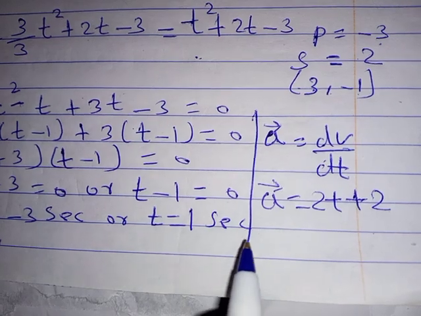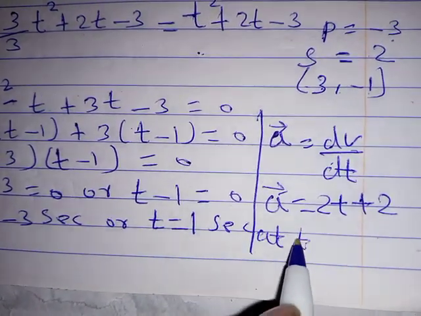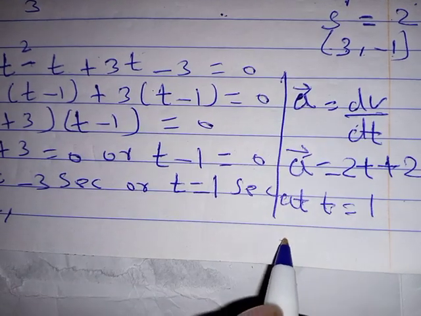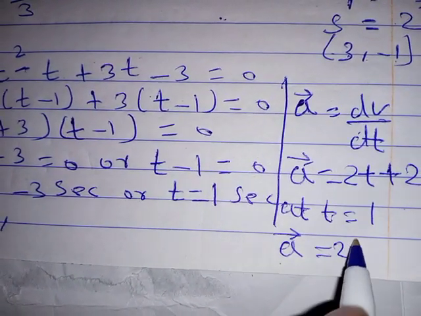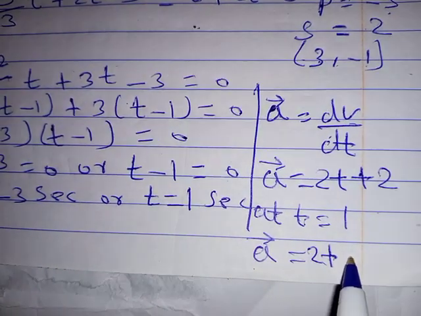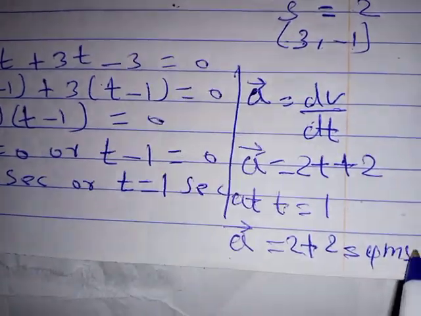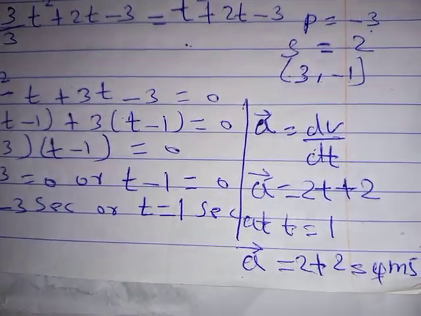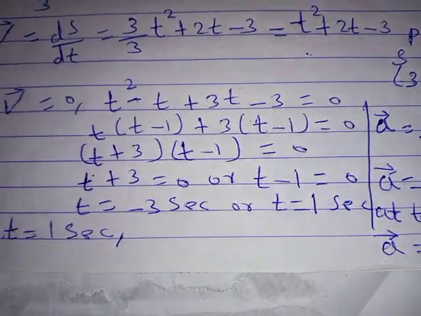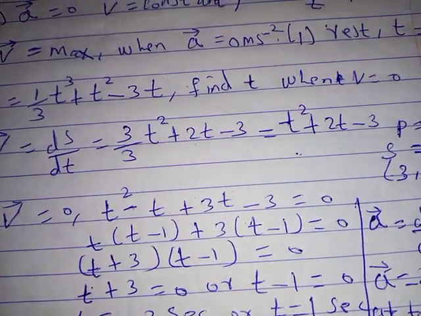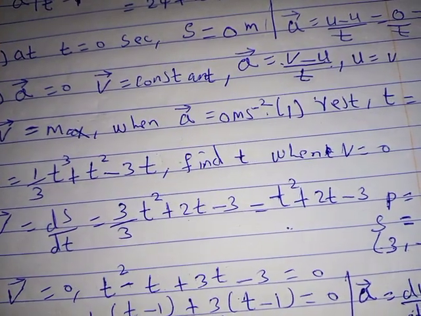So that is our acceleration. So at t is equal to 1, our a will be given by 2 times 1, which is 2, plus 2, which is equal to 4 meters per square second. So that's how we apply calculus to solve the kinematic equation.